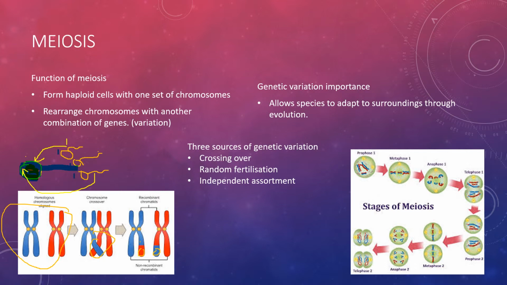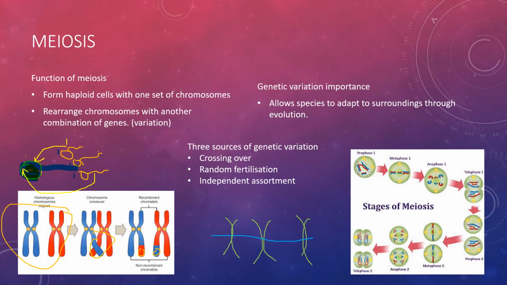And then independent assortment. When the chromosomes are lining up along the equator, we don't know, it can line up in any order. So when they're separated, okay, how am I going to draw separation?